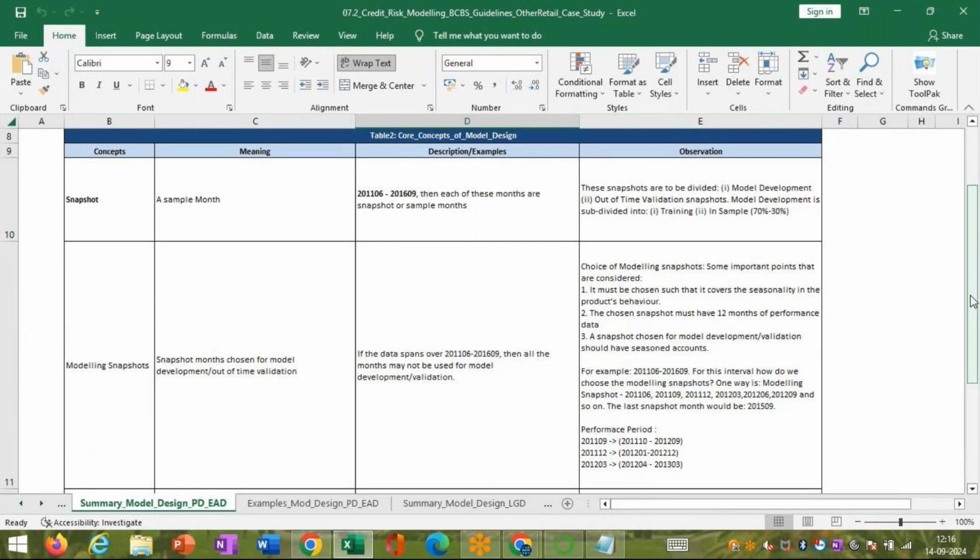Now, this is not only relevant to PD, but it is also relevant to LGD and EAD. But we try to understand these concepts in terms of the probability of default. So the first concept that we talked about over here was the concept of a snapshot month.